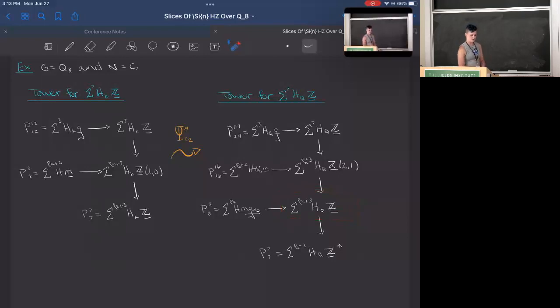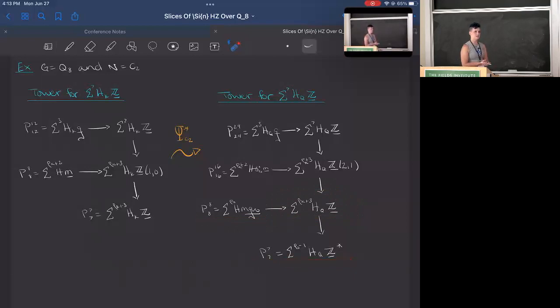Okay, what are the slices of this spectrum? And it turns out its 8 slice is a rho K suspension of HMGW, where MGW was that lovely Mackey functor from before. And then it has a 7 slice, which is a rho Q minus 1 suspension of HQZ dual.